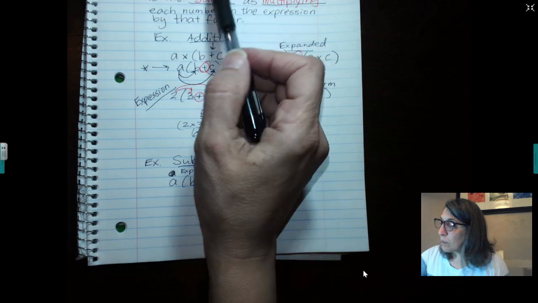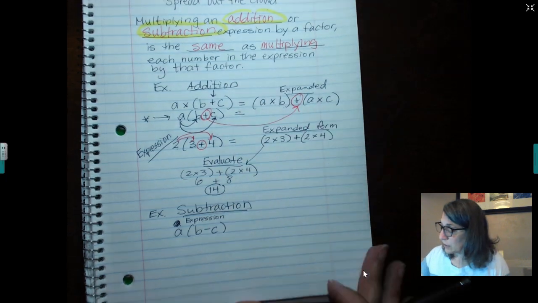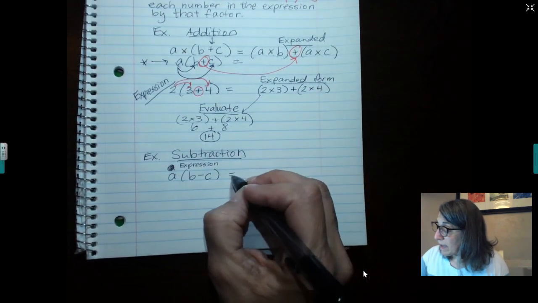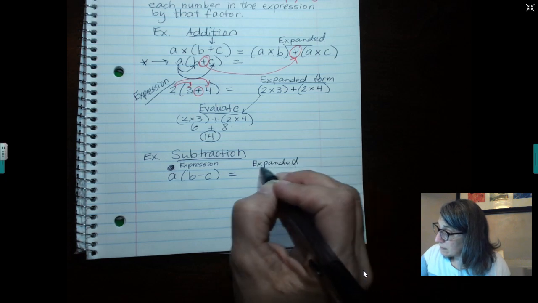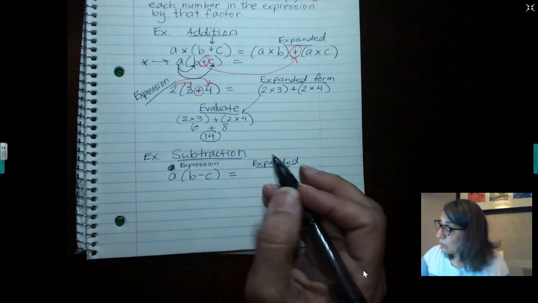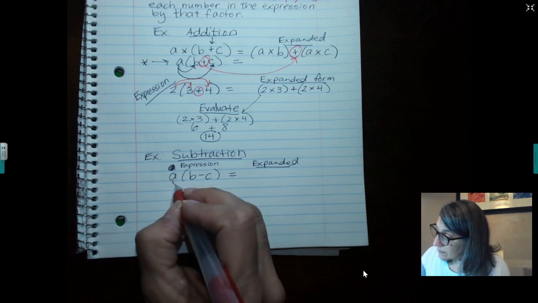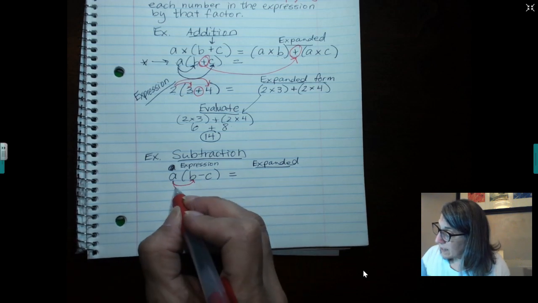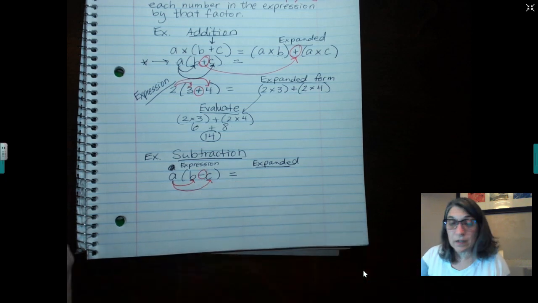Okay, because it's saying multiplying an addition or subtraction expression by a factor is the same as, I'm going to expand it. So this is the same as, or equal to, A times B and A times C, but this time it's subtraction.